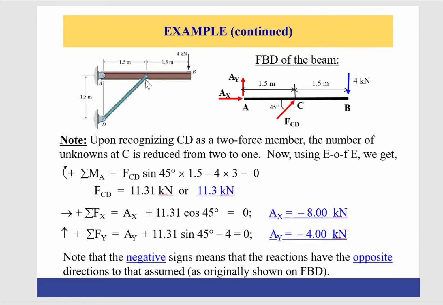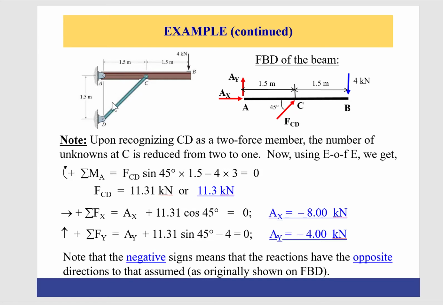We have also C. Now C is similar, with CX and CY, but this pin is directed along this member, and therefore CX and CY, not as components but as a vector, has a total force whose magnitude is FCD, and its direction is along DC, which is 1.5 and 1.5.